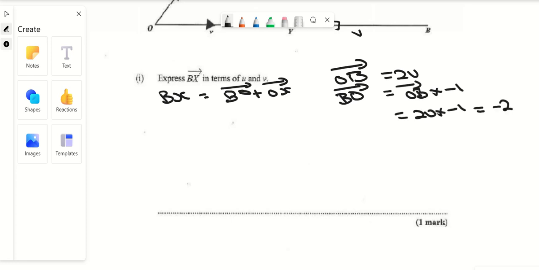Which is 2v multiplied by -1, which is equals to -2v, right? So BO is -2v. And OX, they already told you, is U. OX is equals to U. So it's minus 2v plus U, and that would be the answer for BX.